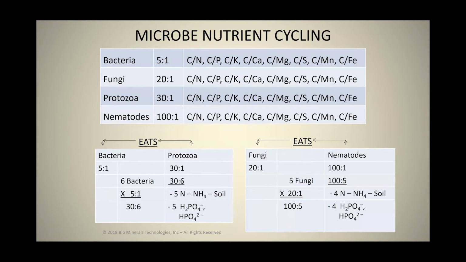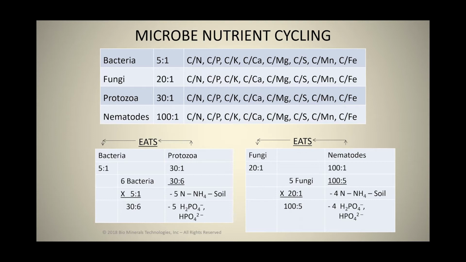In a bacteria with its 5-to-1 mineral ratio, 5 carbons to all the other minerals, fungi at 20-to-1, protozoa at 30-to-1, nematodes at 100-to-1. As protozoa eat bacteria, to get and maintain its 30 carbons, it has to eat 6 bacteria.